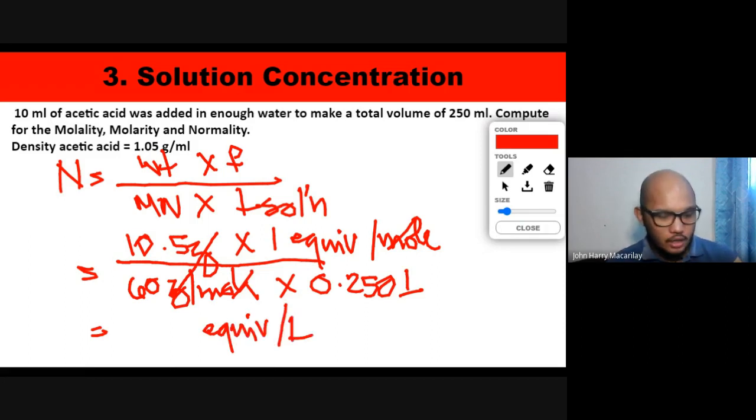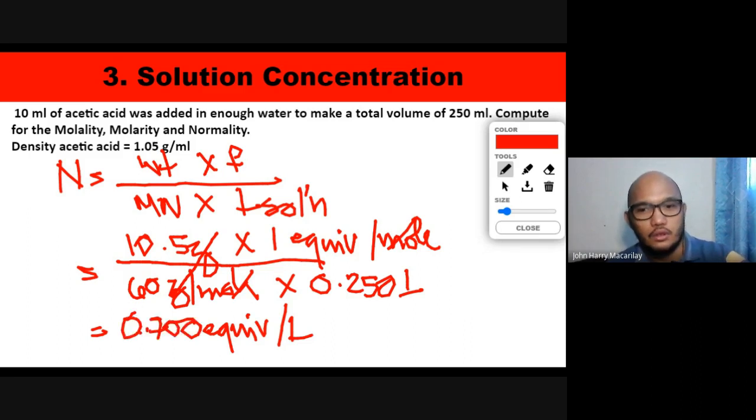What would be the answer? It should be similar with our answer a while ago. It should be 0.7. So 10.5 times 1 divided by 60 times 0.250, which is 0.700 N, or normal.